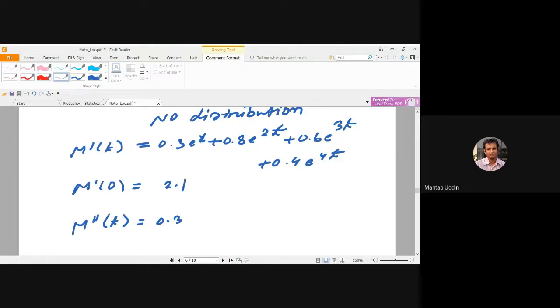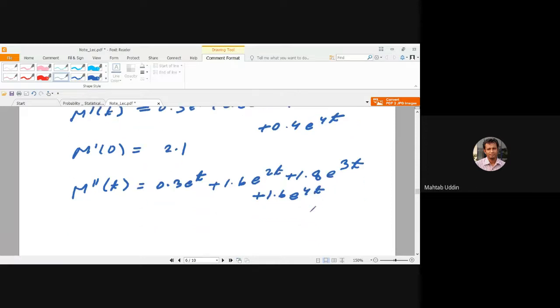1.6 e to the 2t, 1.8 e to the 3t, 1.6 e to the 4t. If you put t equal to 0, you will get m double prime 0 is equal to 5.3.